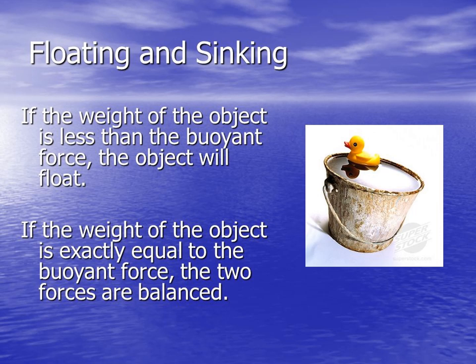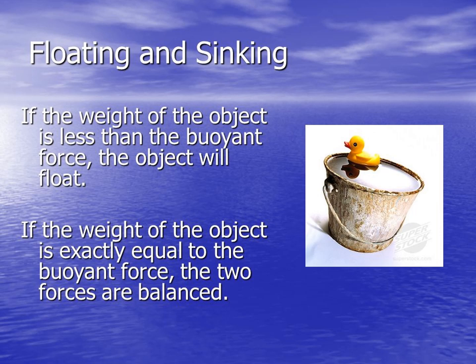What is the density of water? 1 gram per centimeter cubed. Here, the density of this material is 2.5 gram per centimeter cubed.